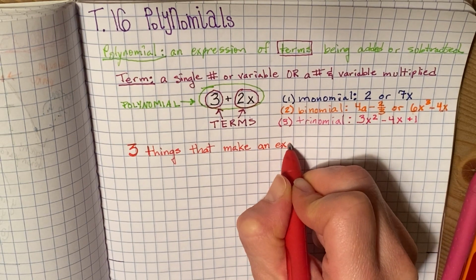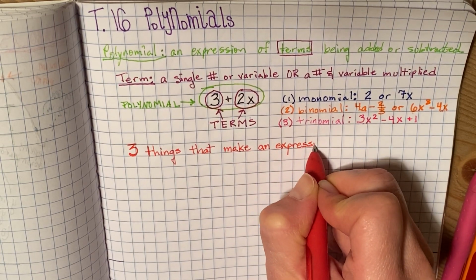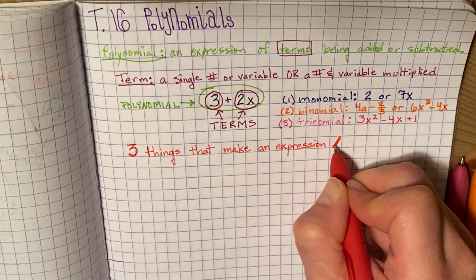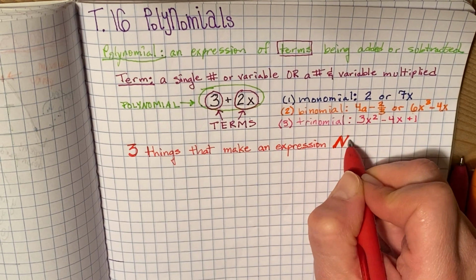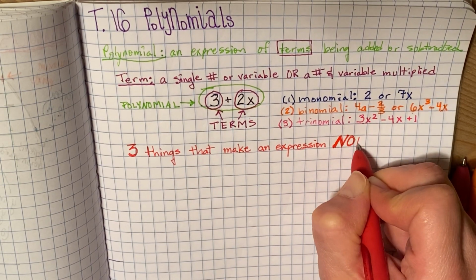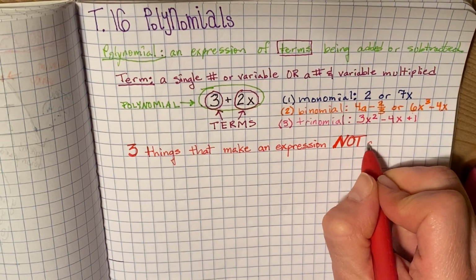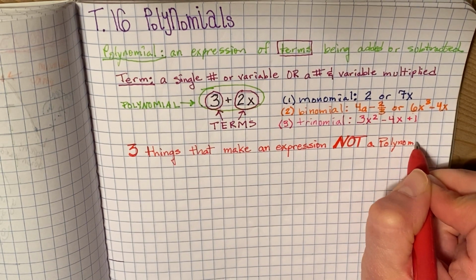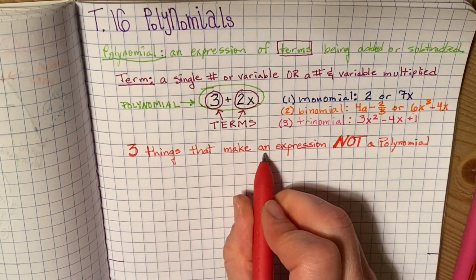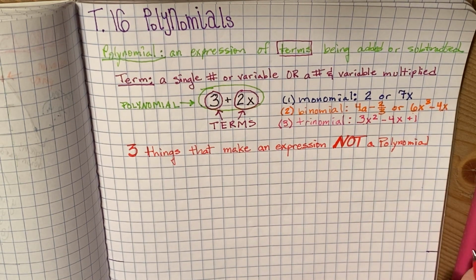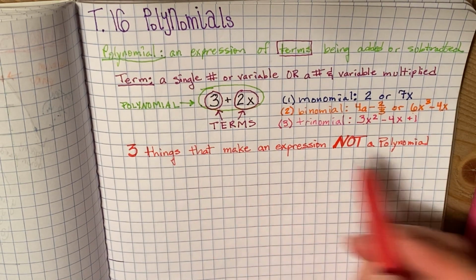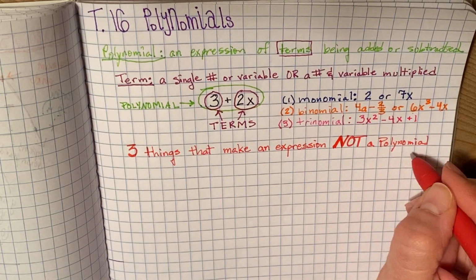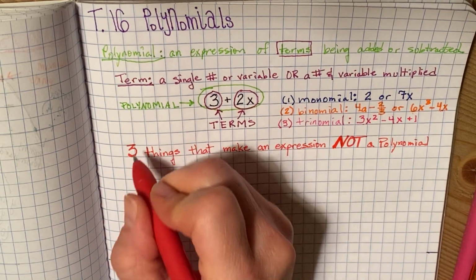We'll say an expression, because there's no equal signs here. This is big, okay? It can still be an expression, right? An expression is a mathematical sentence or an algebraic sentence without an equal sign. So it's still an expression, but it's not considered a polynomial if these 3 things happen, okay?